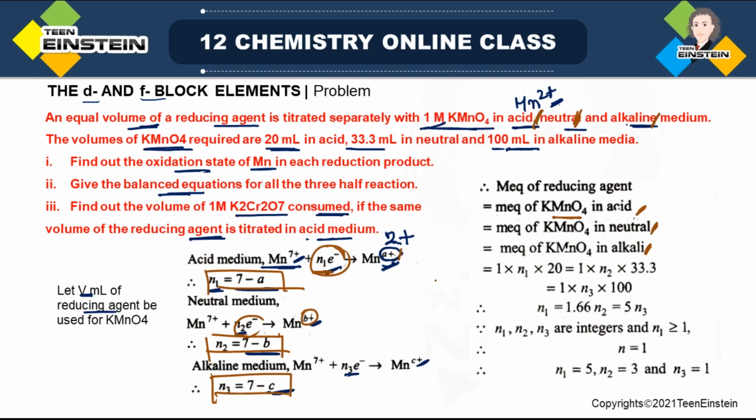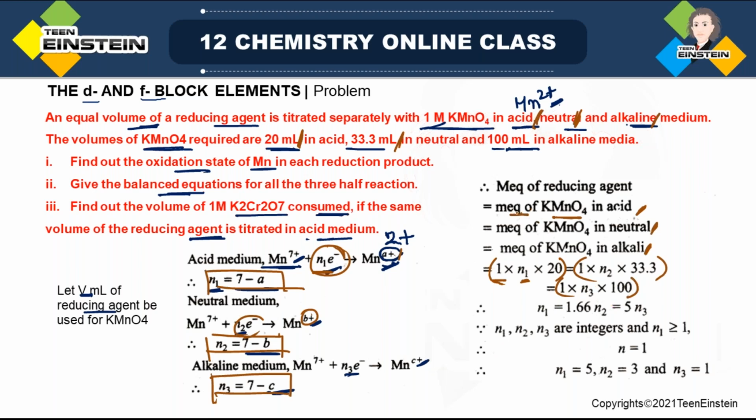Simply multiply the volume in ml, which is 20 ml when it is acid, 33.3 ml when it is neutral and 100 ml when it is alkaline medium, with molarity, but we also have to multiply N1 when it is acid medium, N2 when it is neutral and N3 when it is alkaline.